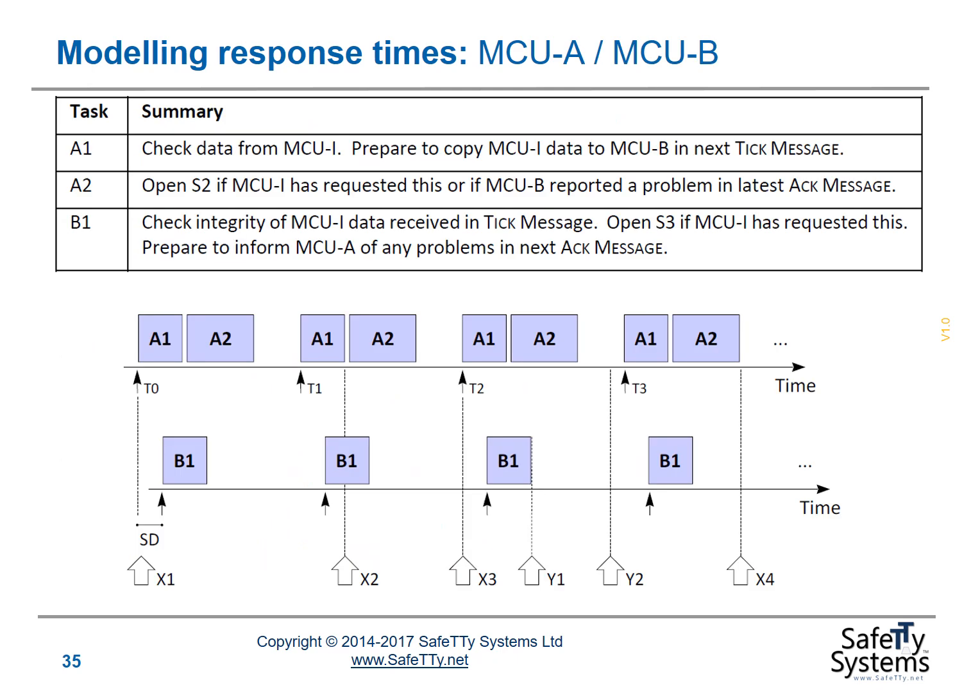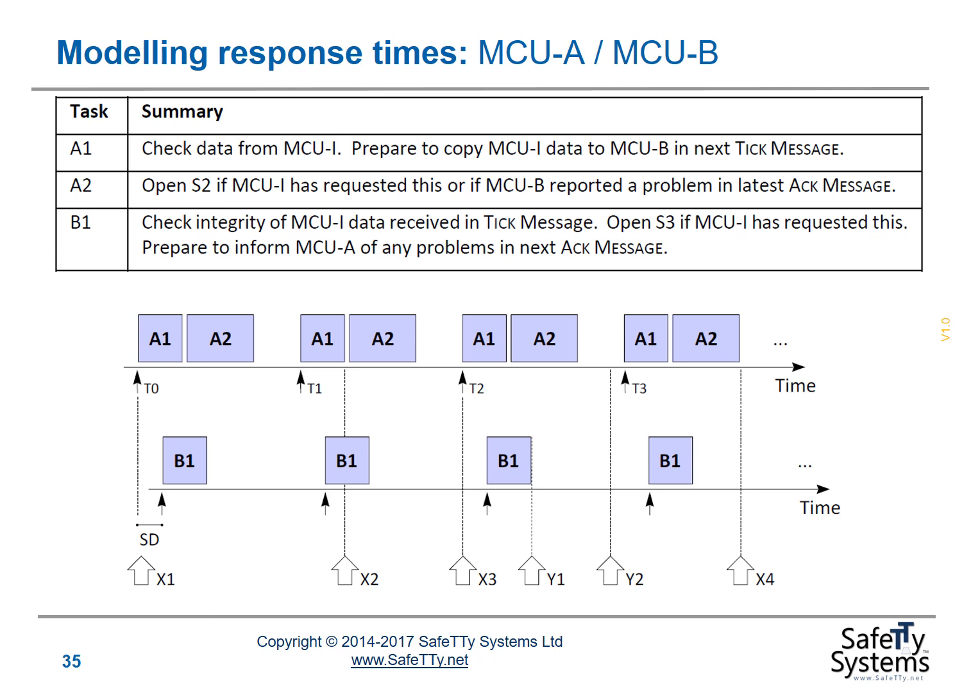So let's now consider MCU-A and MCU-B. On MCU-A, we have two tasks, A1 and A2. On MCU-B, we have just one task running, B1. Task A1 is designed to check the data from MCU-I. It prepares to copy the data from MCU-I to MCU-B in the next tick message.